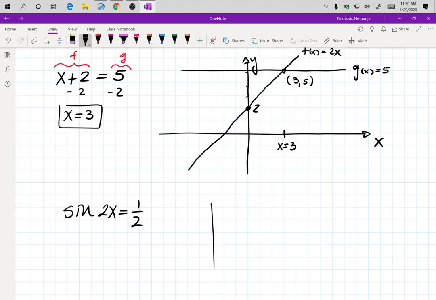We are going to draw the 2 equations that I have. The first one is sine 2x. Anytime the number in front of x is larger than 1, it makes sine oscillate faster. In this case, this sine is 2 times faster than the original sine, which means it will make 2 full oscillations before it hits 2 pi.